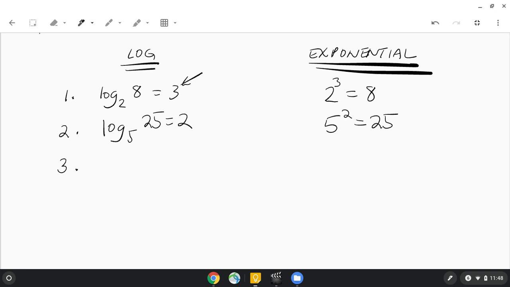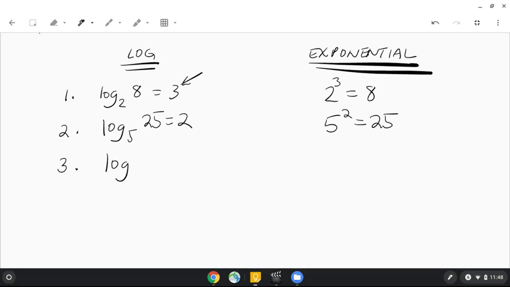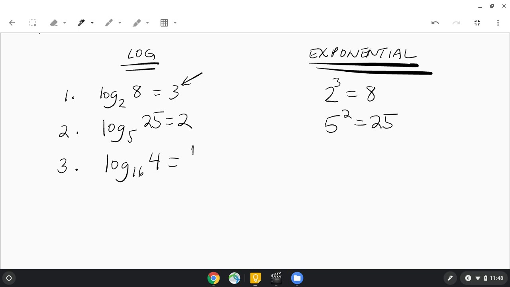All right, and see if you can do this one. Log base 16 of 4 equals 1/2. Go ahead and hit the pause button and write the exponential form of that, and then come back to see if you got the same thing.